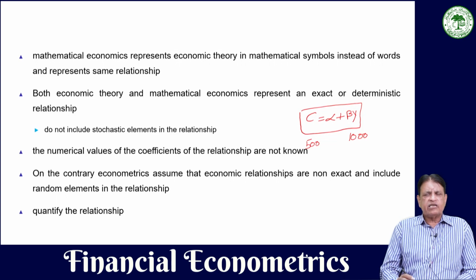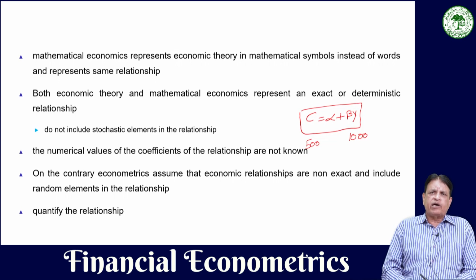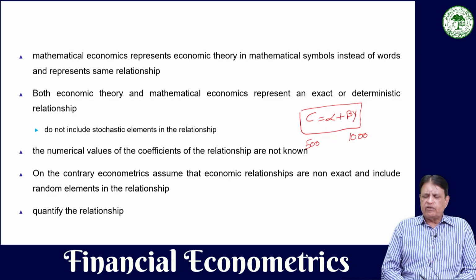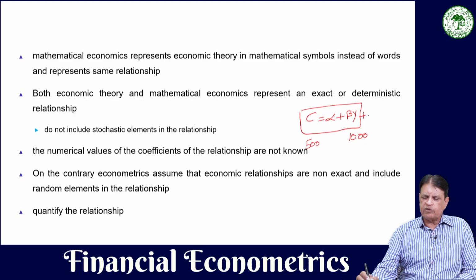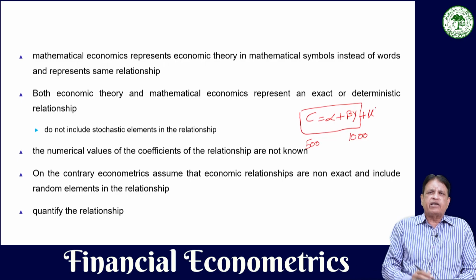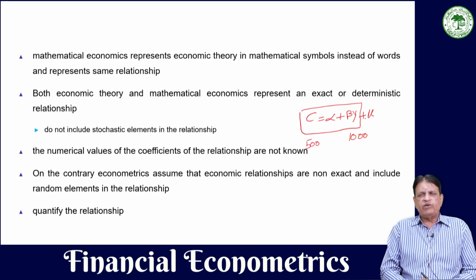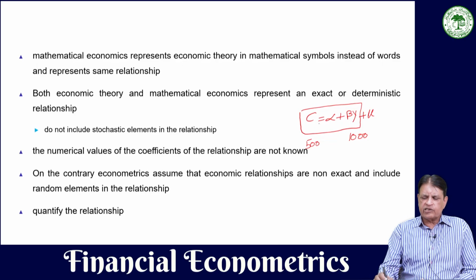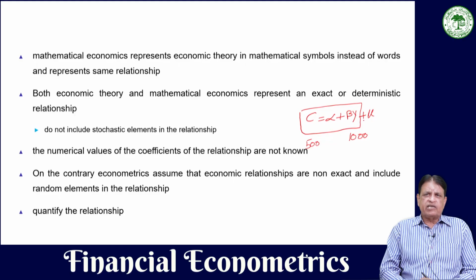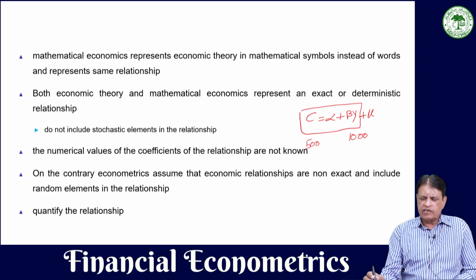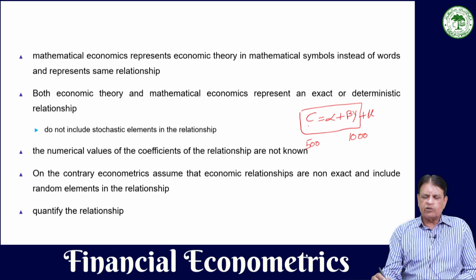So, the relationships that we get from mathematical economics are in exact form, and we have to modify them. In our case, we modified it by including a random variable which we call the disturbance term, that is u. The moment we include u, this relationship becomes non-deterministic. It becomes inexact, in the sense that for one value of y, several values of c may be associated, depending on the value of u.